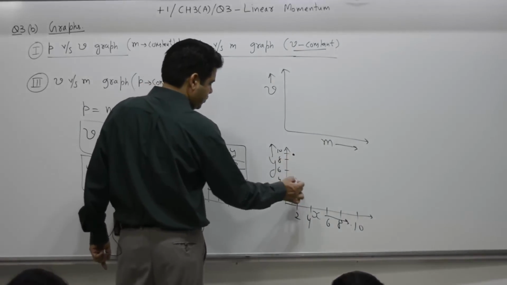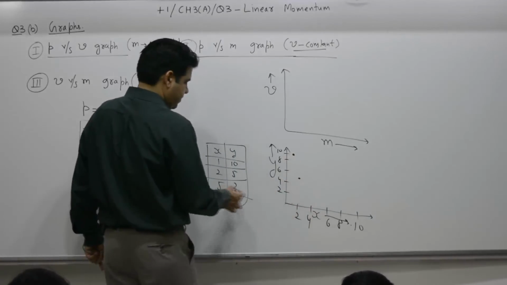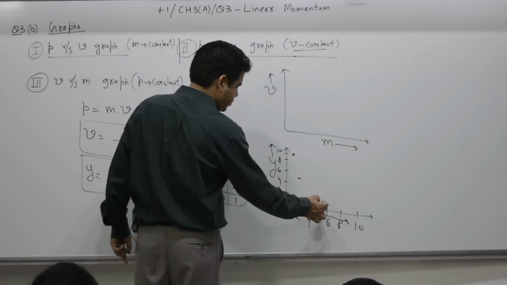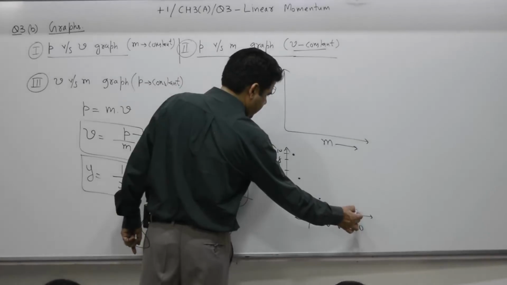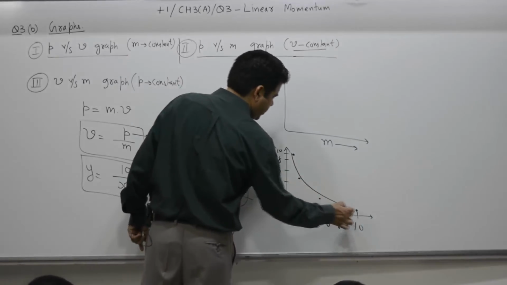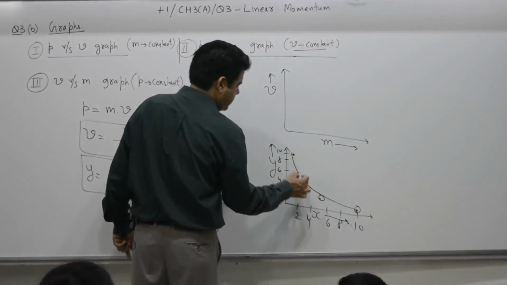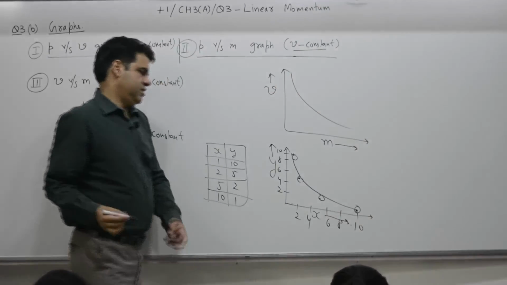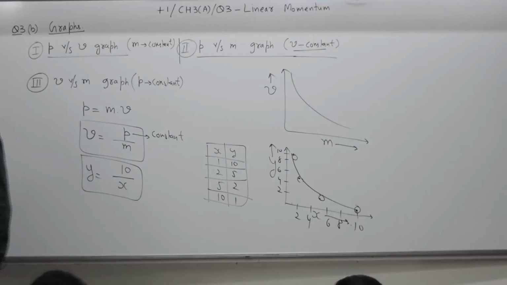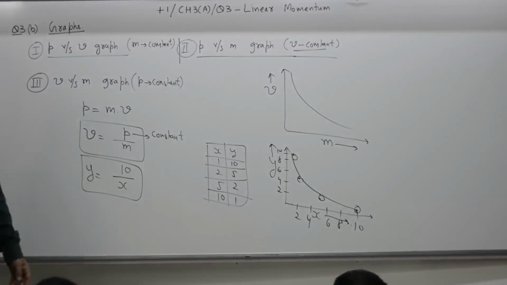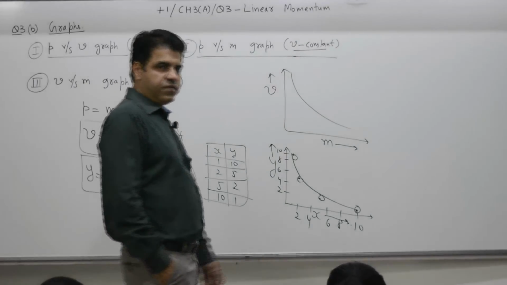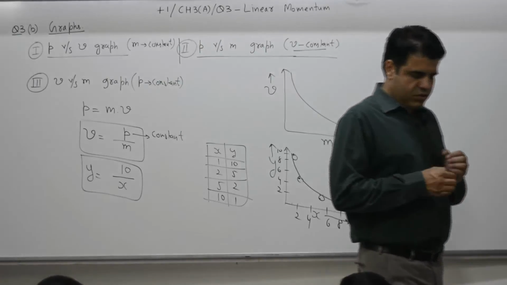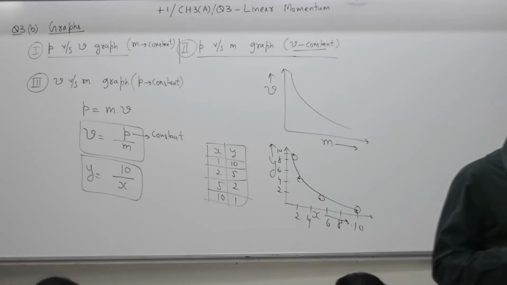When x is 2, y is 5. When x is 5, y is 2. When x is 10, y is 1. Join all these points. As m increases, yes, velocity decreases if you keep p constant.